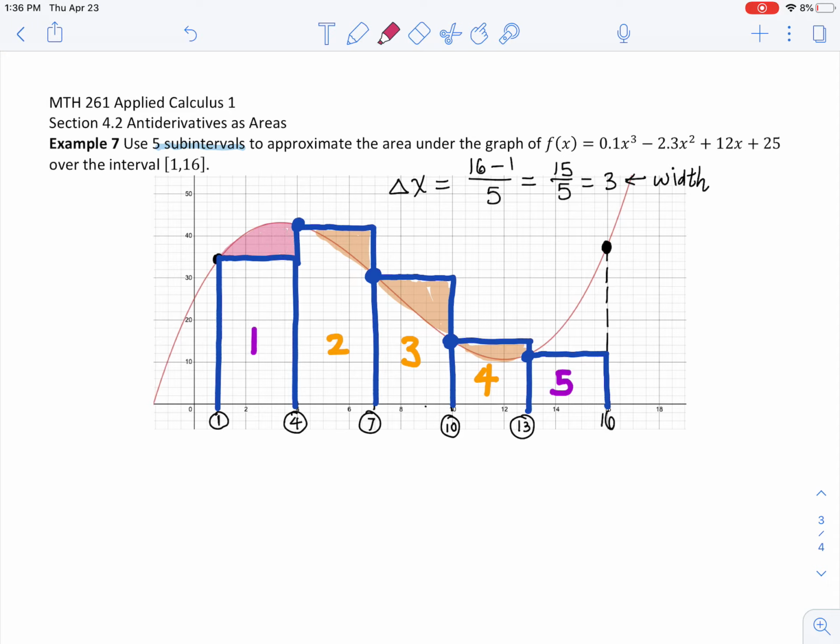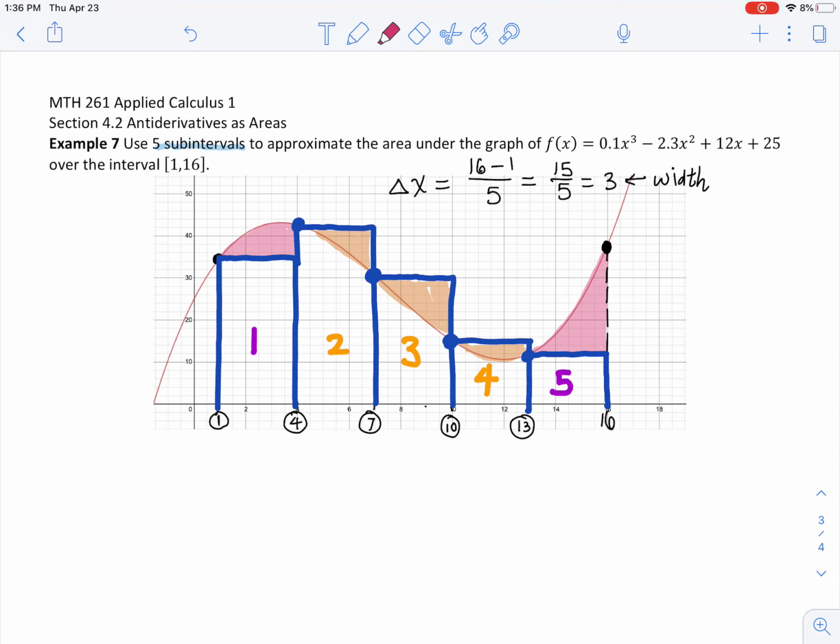But take a look at rectangle number 1 and rectangle number 5. Number 1 is here, number 5 is right here. Notice in those intervals, the function was increasing, right? So the left end point that we picked to draw the rectangle, those rectangles are underestimating the area under the curve.